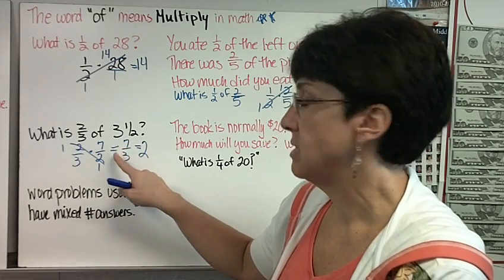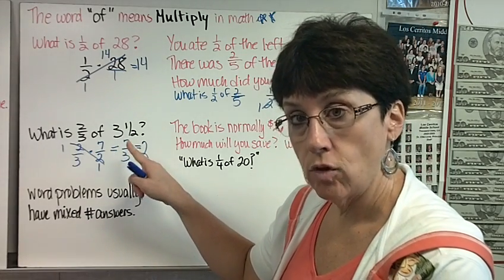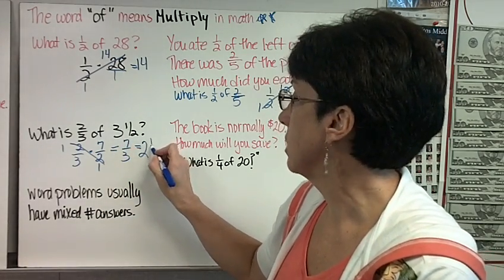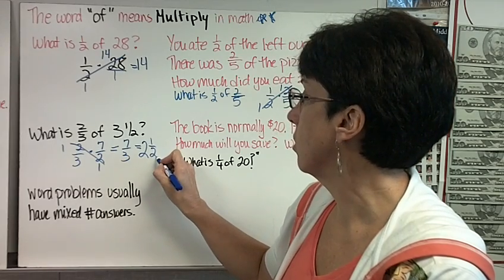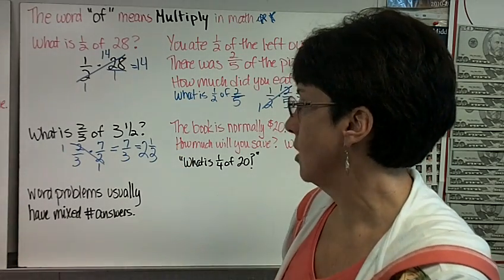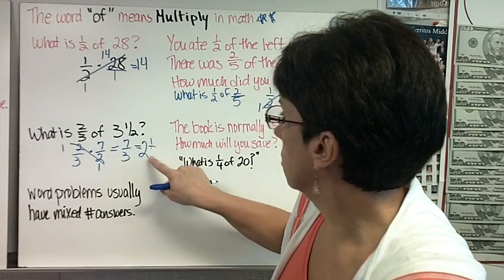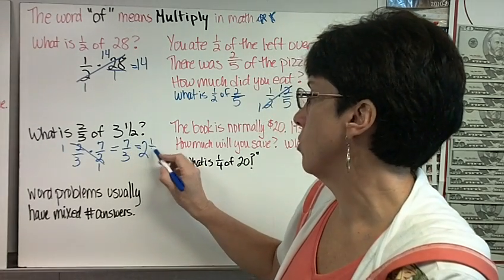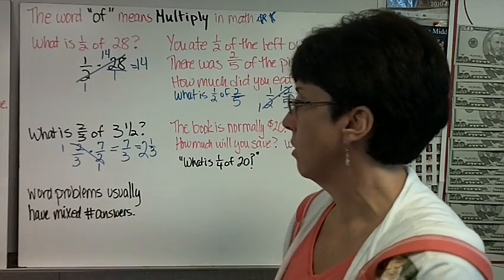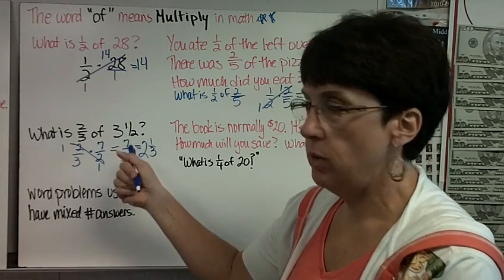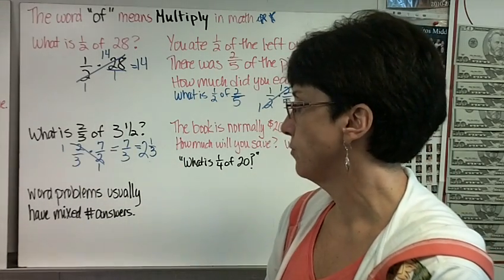From 6 to 7, how many do we have left over? 1. So that's our numerator, and the denominator does not change. What did I almost make? I almost made it 2. So let's do it again. 3 goes into 7 twice with 1 left over, so it's 2 1/3. So 2/3 of 3 1/2 is 2 1/3.